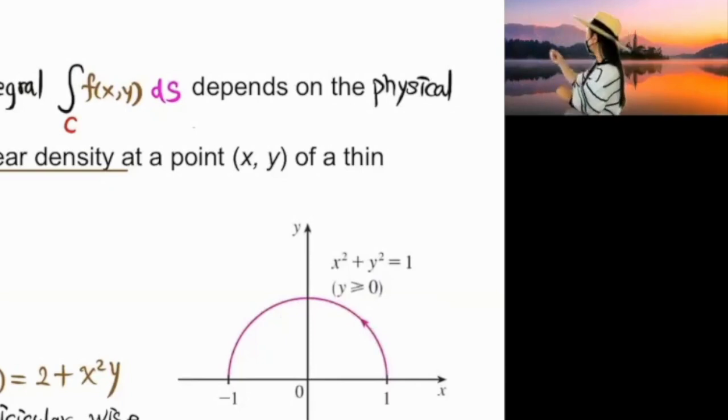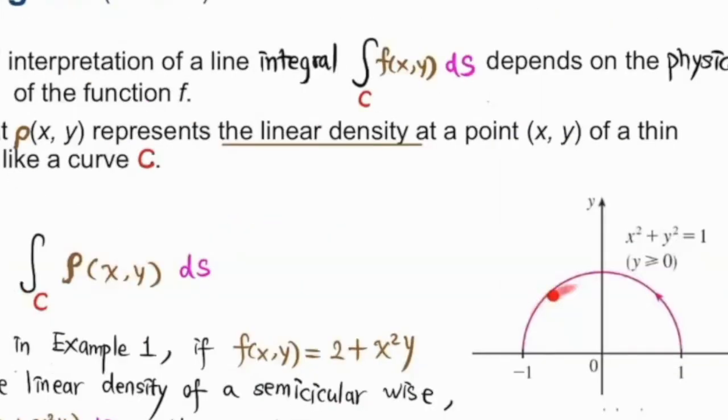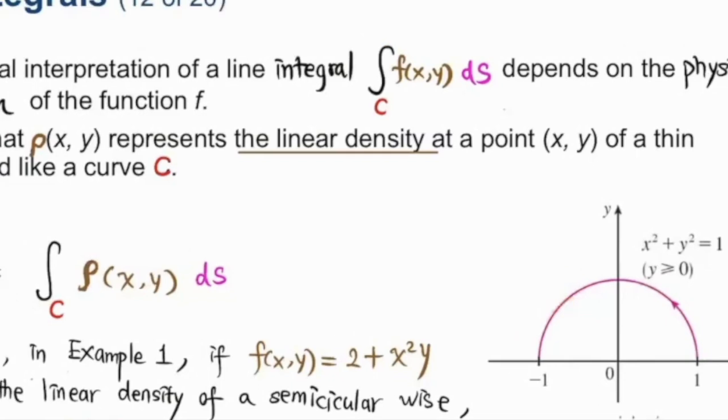So what does linear density mean? Linear density means the density of each unit length over there. The mass of this wire is the integral of this linear density over this curve. If you want to calculate the mass of the wire, you integrate the linear density over this curve.